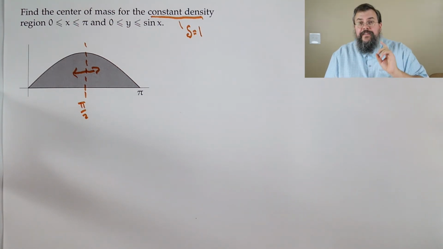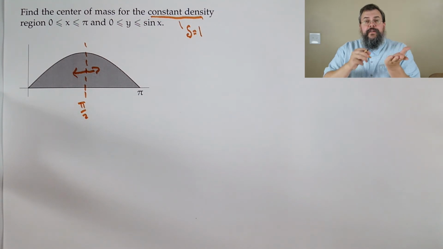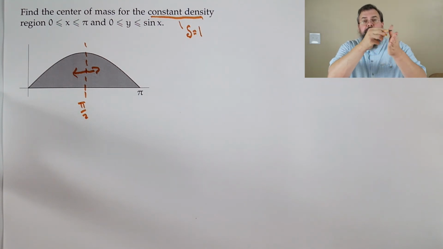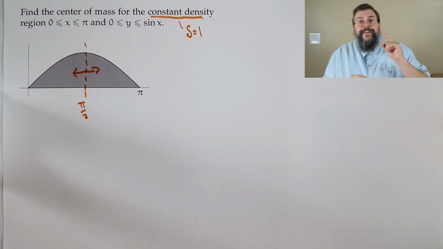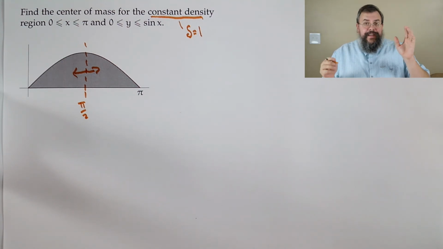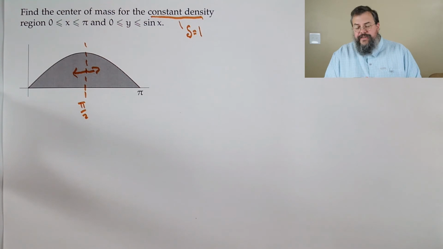Is the density symmetric? In other words, if I have a density over here and I track to where it goes, is it the same amount of density? And because it's constant density, that's an easy question to answer. It is symmetric. Life is good. Woohoo! We have a nice shape to work with.